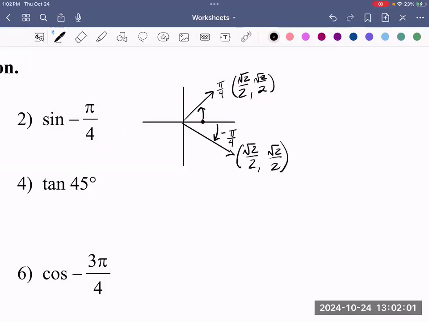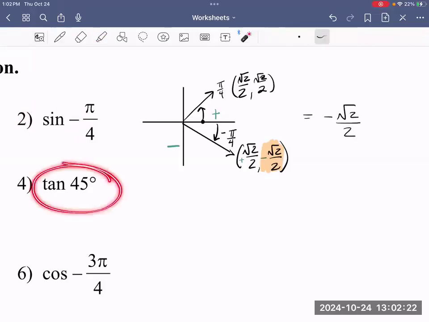Which value is going to be negative? Well, in the fourth quadrant, we have a negative y and a positive x, meaning that if we're evaluating sine, your sine is your y value. So our answer would be equal to negative root 2 over 2.